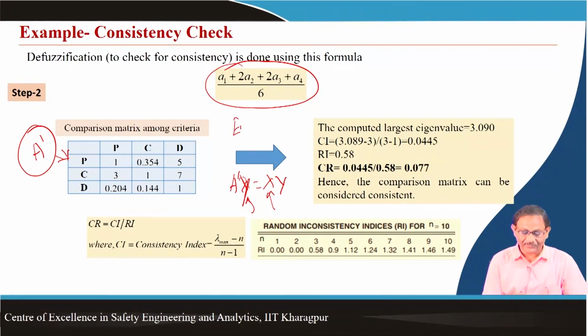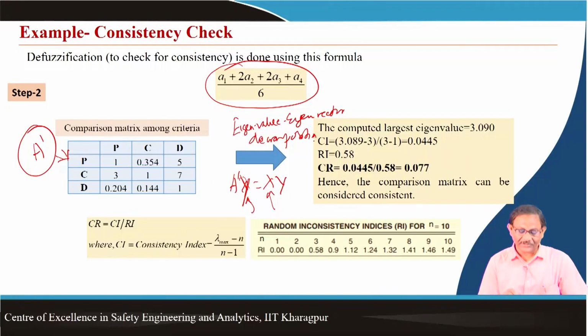What will it give you? It will give you the values of lambda and y. Here it is a 3 cross 3 matrix, so you will get 3 lambda and obviously 3 y. Lambda is a scalar quantity and y will be a vector quantity.